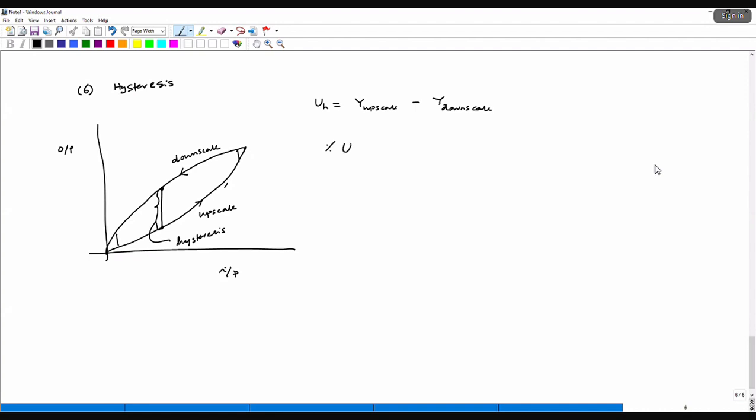So you again express it in terms of percentage hysteresis, which is UH max, basically the maximum value of hysteresis wherever you get during the upscale and downscale, divided by the full scale output, which is Y max minus Y min, into 100. Okay.